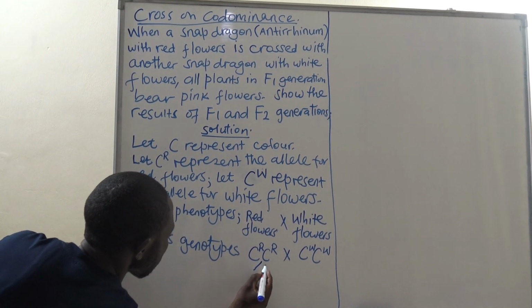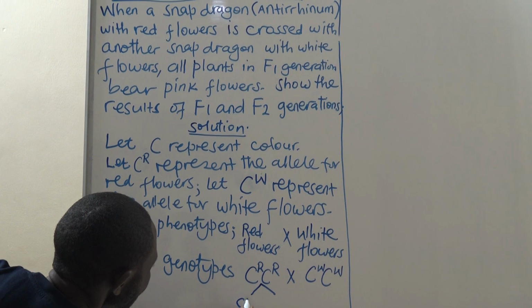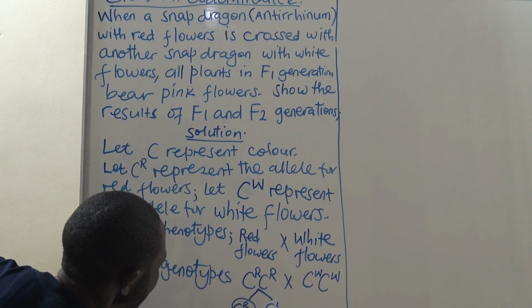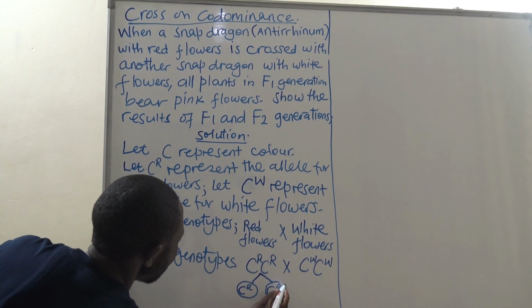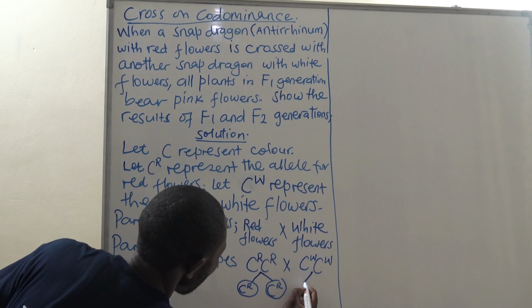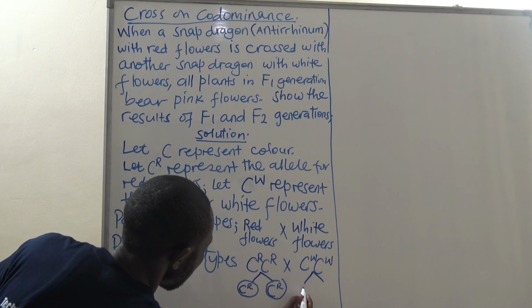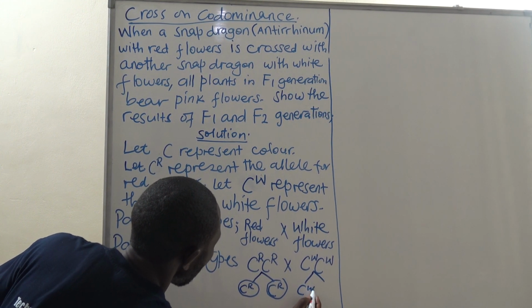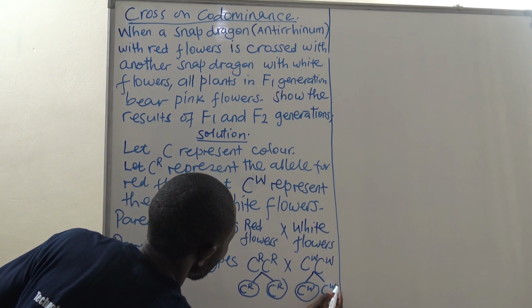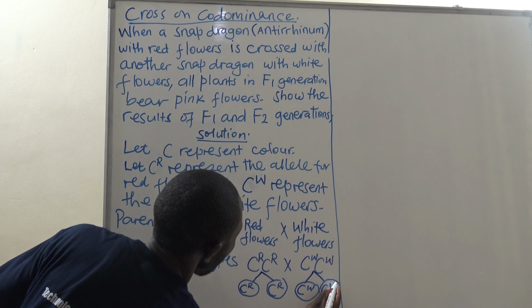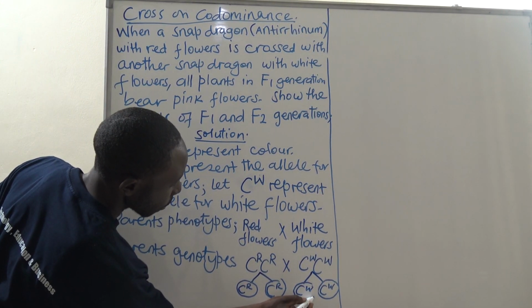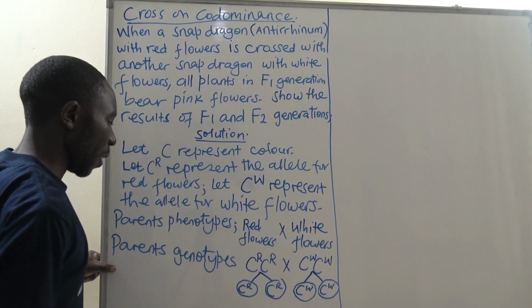We shall have C^R and C^R, and then another gene segregating, C^W and C^W. You have to see carefully on the board.